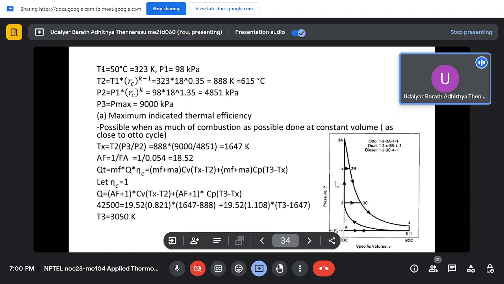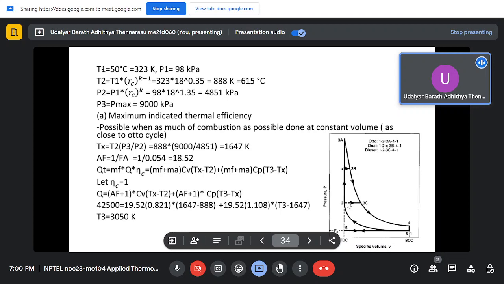So maximum work can be taken when a larger amount of heat addition is done in a constant volume process, and a smaller amount in a constant pressure process. This will become close to the Otto cycle, so this will have the maximum thermal efficiency.